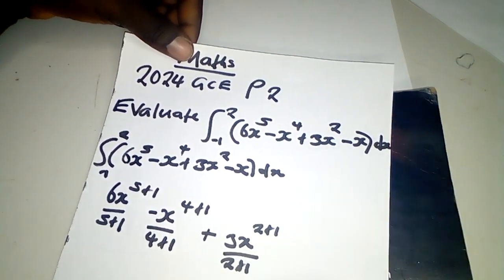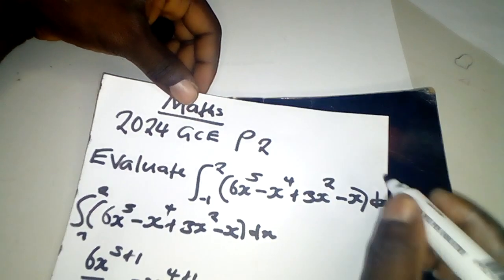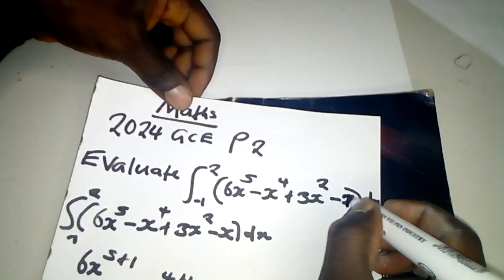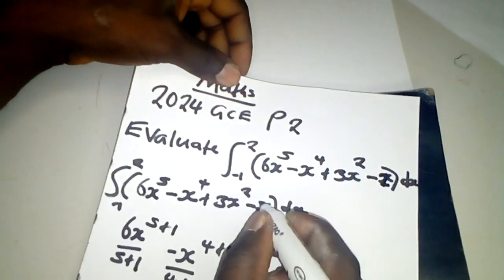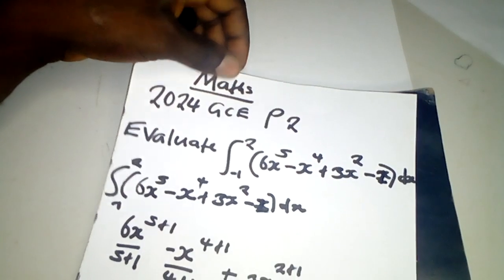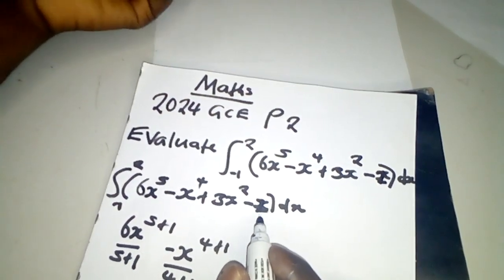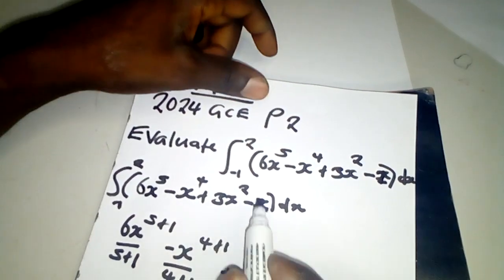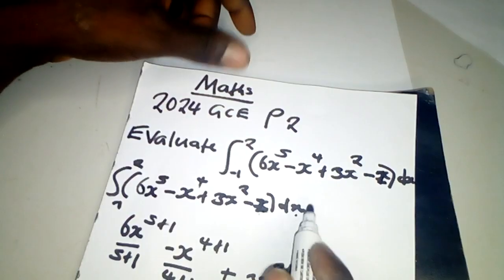So the last part is, sorry, this is the -1. This is -1, not x. Now, when we have a constant, a number which is a constant, we multiply that by x, okay, because we are integrating with respect to x.